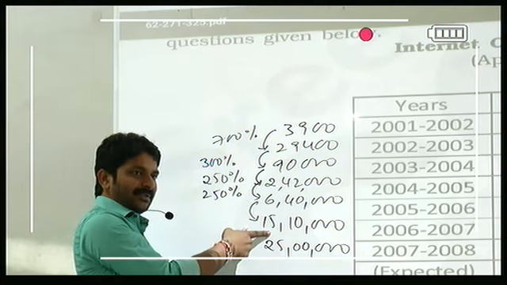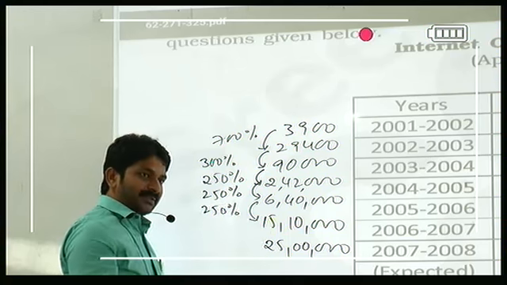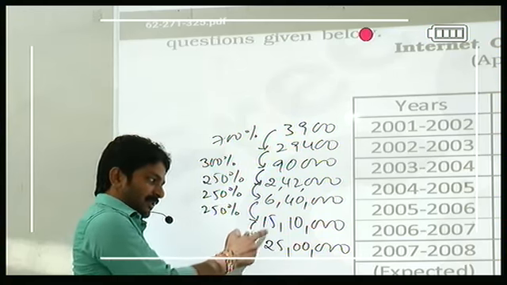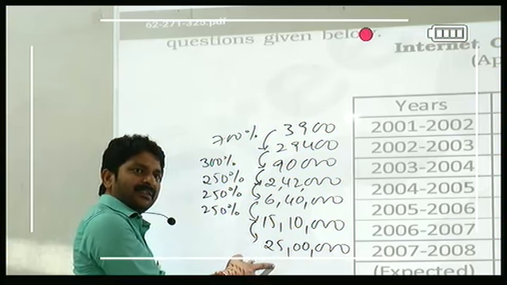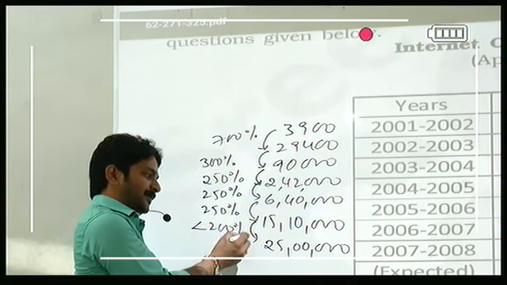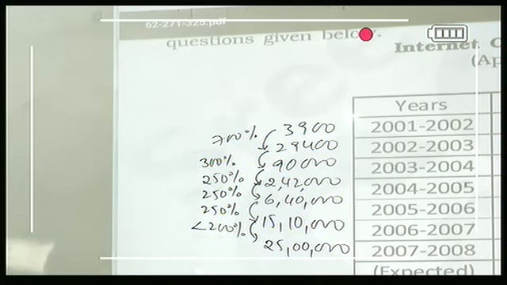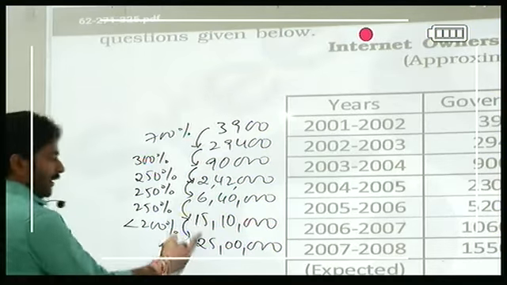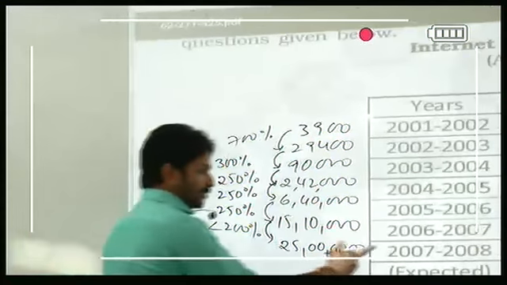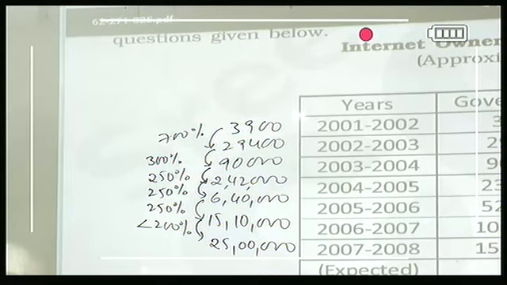This is also near about 250%. Is it 2 times? Less than 2 times, right? So definitely that will be less than 200%. So where exactly do we have the least percentage? Here, so that is 2007 and 2008. We have the least increase.